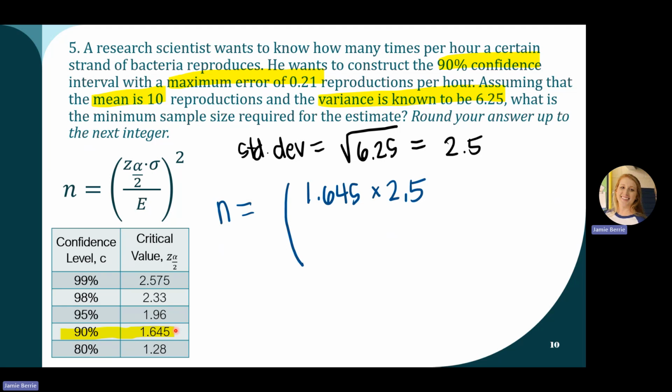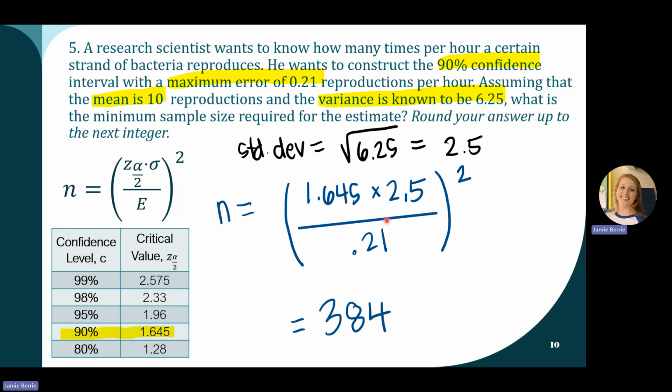So critical value, 1.645, times standard deviation, 2.5, over our margin of error, 0.21, close parentheses and square. Now I want you to practice plugging that in. So pause the video, practice plugging it in, and once you round up to the next integer, you should get 384.